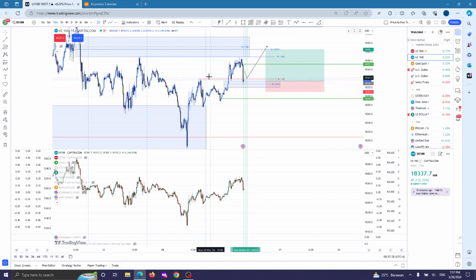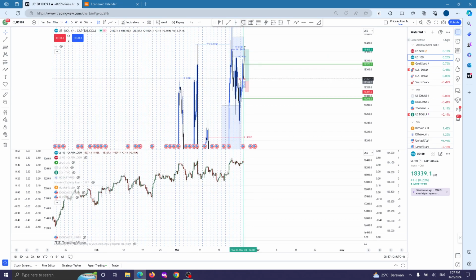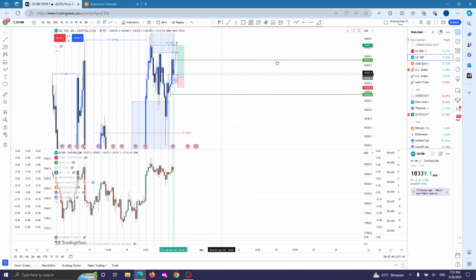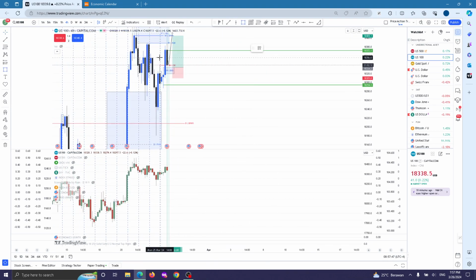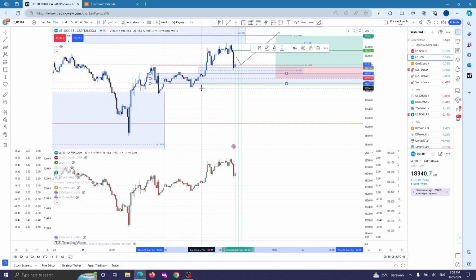I'm taking this as a soup because we have this 4 hour OB, and if we mark the mean threshold of that OB, roughly be at that stop loss.